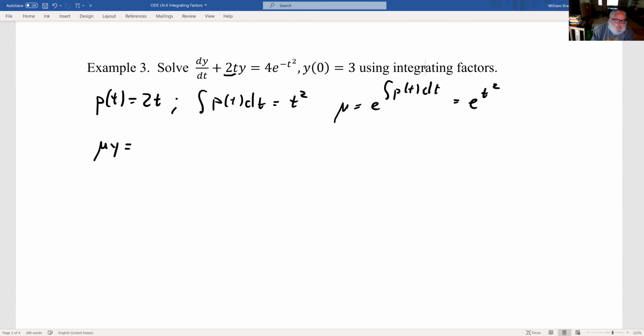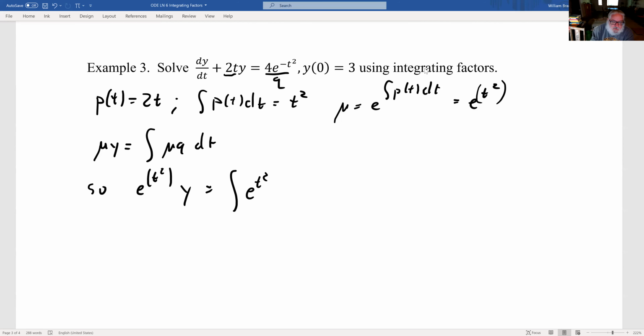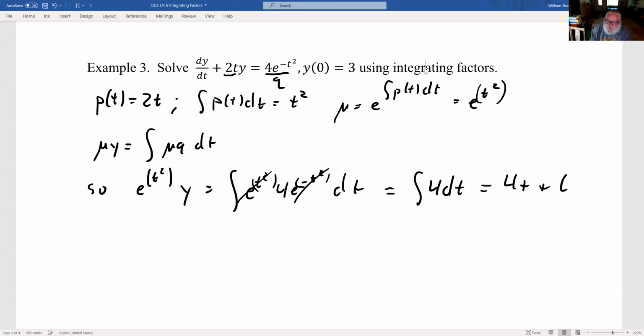So mu times y equals the integral of mu times q dt. So e to the t squared, times y, is the integral of e to the t squared times q, which is this, or e to the minus t squared, dt, and these two cancel out, and it's the integral of 4 dt, and that's just 4t plus a constant.